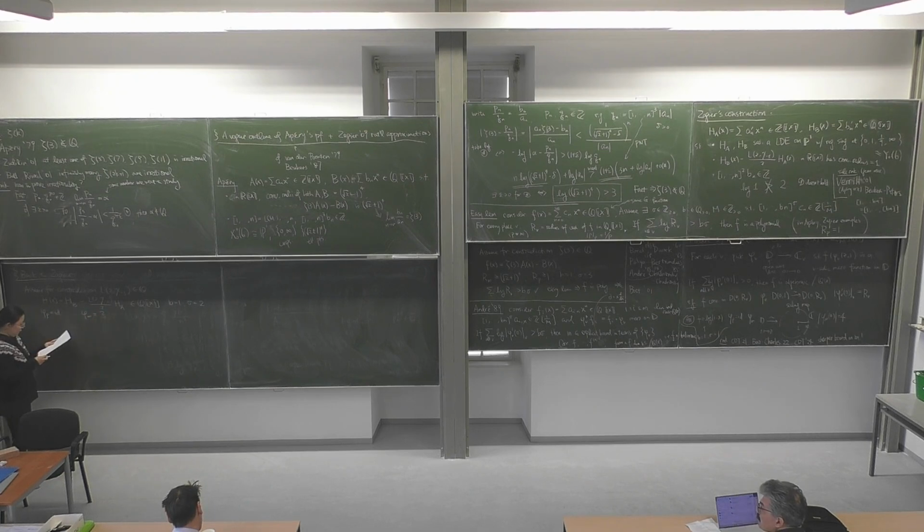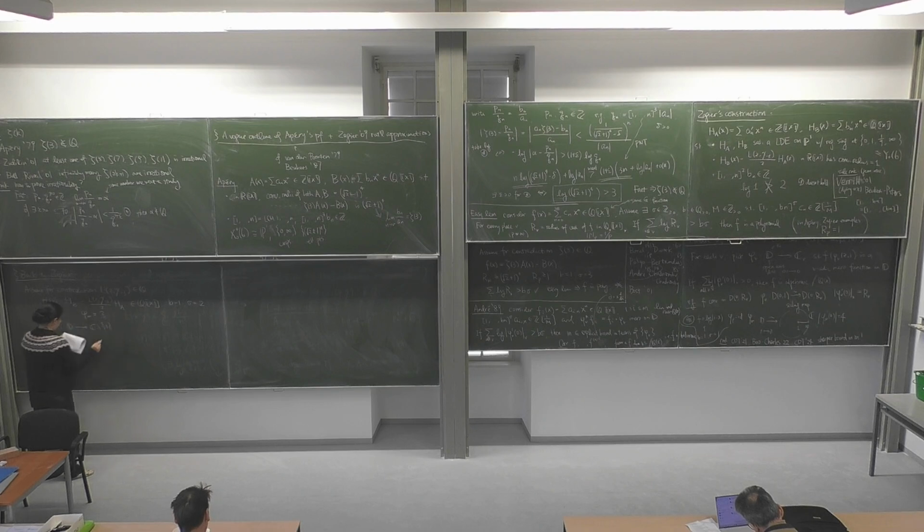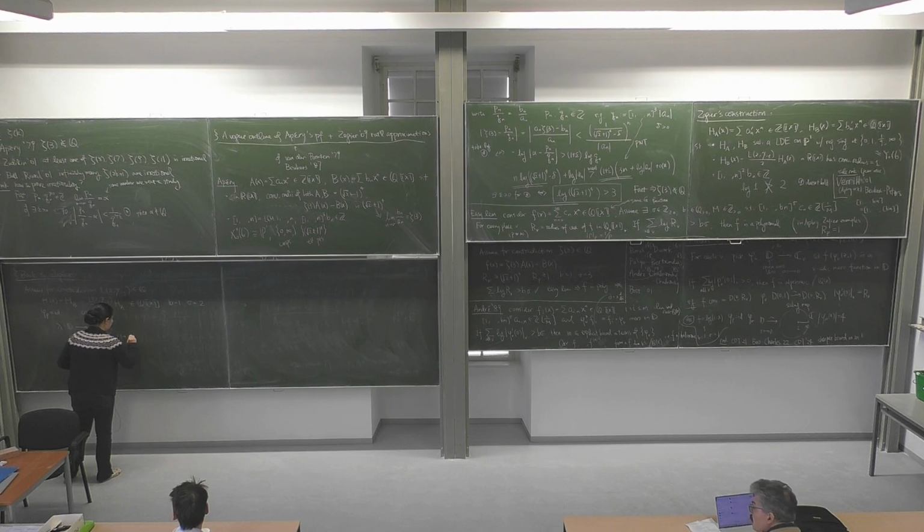Let me start from a map that we have already seen multiple times, the lambda map, the Q expansion of the lambda map. The formula doesn't matter for us at all.